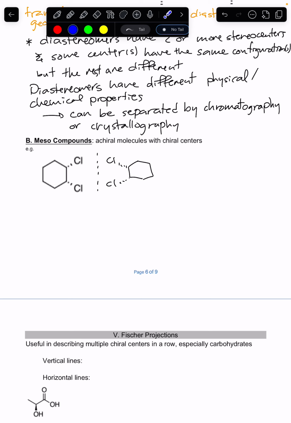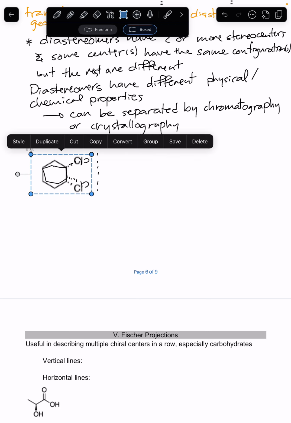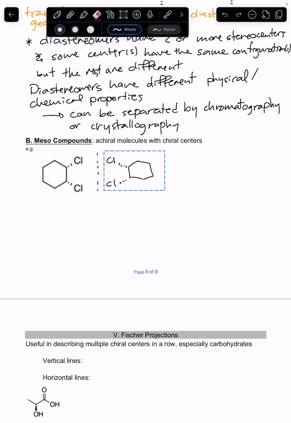This, if you rotate it around, that's the same as the original compound. And so for that reason, this molecule is actually not chiral, even though it has a chiral center.